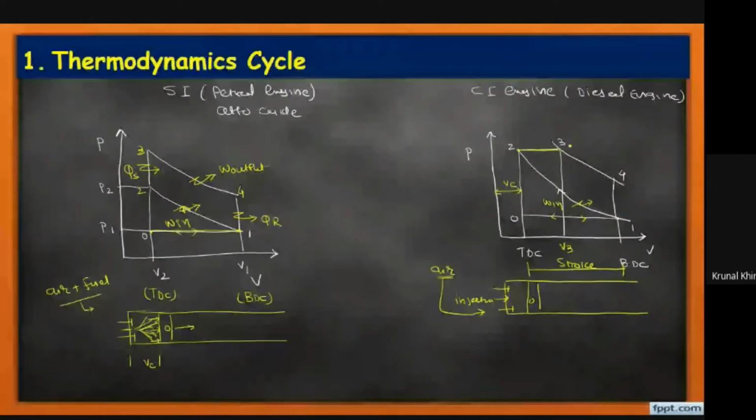And then from 3 to 4 there is the expansion, and in expansion we get the W output, that is the work output from the system.